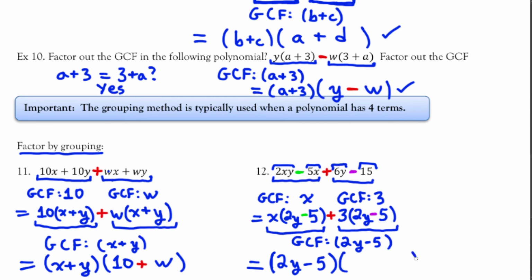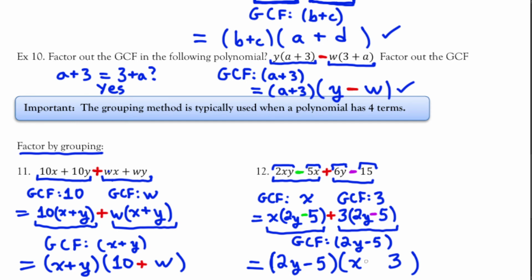Same deal as before, leave some open parentheses. When I take 2y minus 5 out of x(2y minus 5), all that's left is x. When I take 2y minus 5 out of 3(2y minus 5), all that's left is 3.